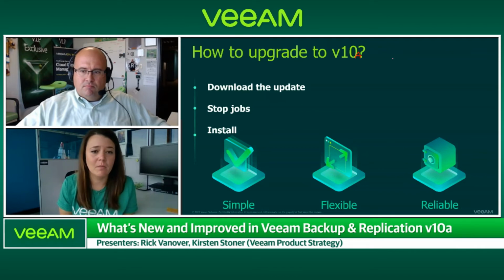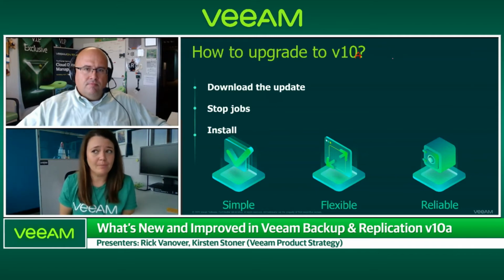Then I would go into my Backup and Replication console and make sure that every backup job, replication job, and backup copy job has finished successfully before I stop those jobs and perform the upgrade, so I have a successful backup file just in case something were to happen during the upgrade. Then I would stop all the jobs.